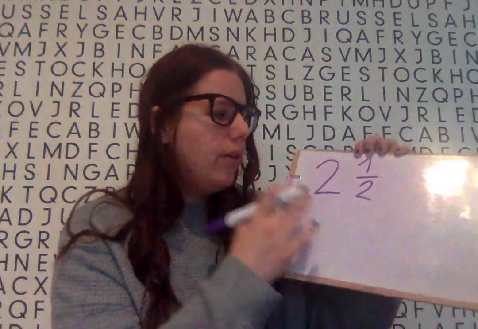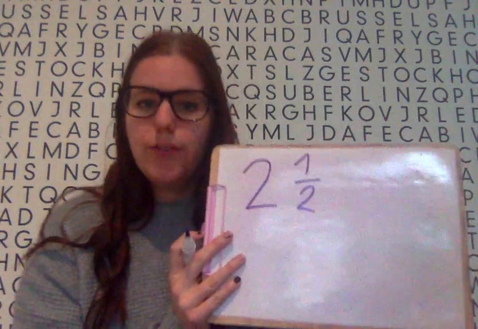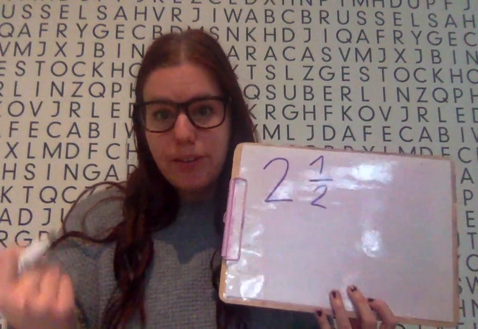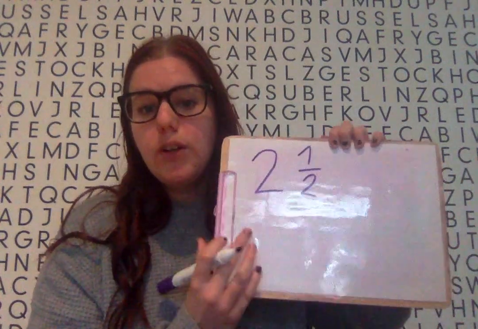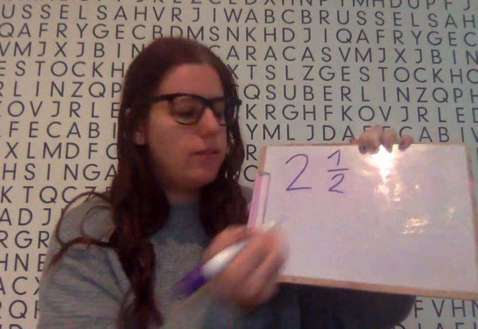Remember, a mixed number is when I have a whole and then some parts of a number. So this is 2 and 1/2. There are two ways we can convert mixed numbers to improper fractions. The first is by drawing and counting.